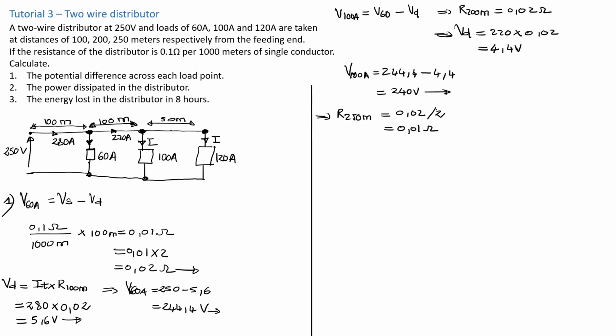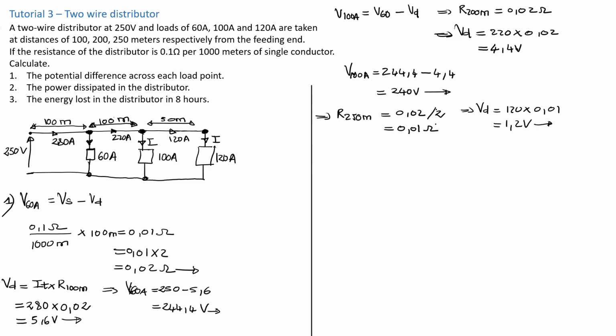Now the only thing left to do here is to also calculate the voltage drop, and we know the current at this point is obviously the 120 amps that's flowing from here to here. So we can say that our VD here will be 120 times 0.01. That's going to be 1.2 volt. So we've got a further 1.2 volt drop here.